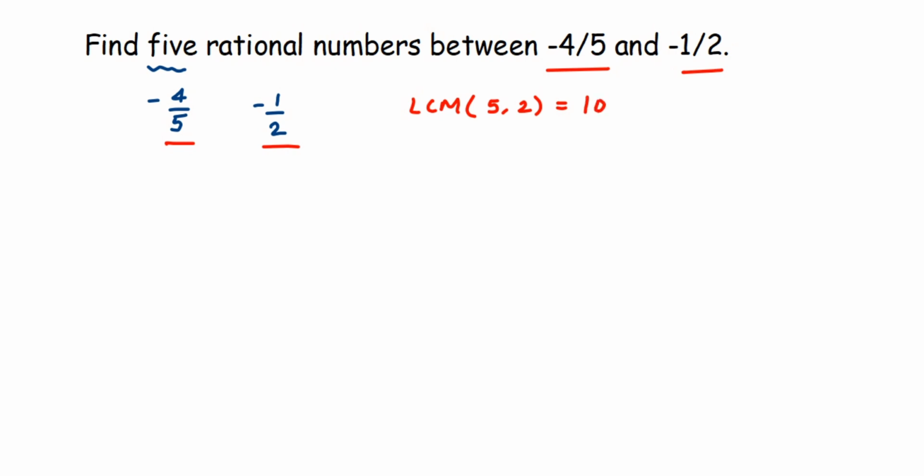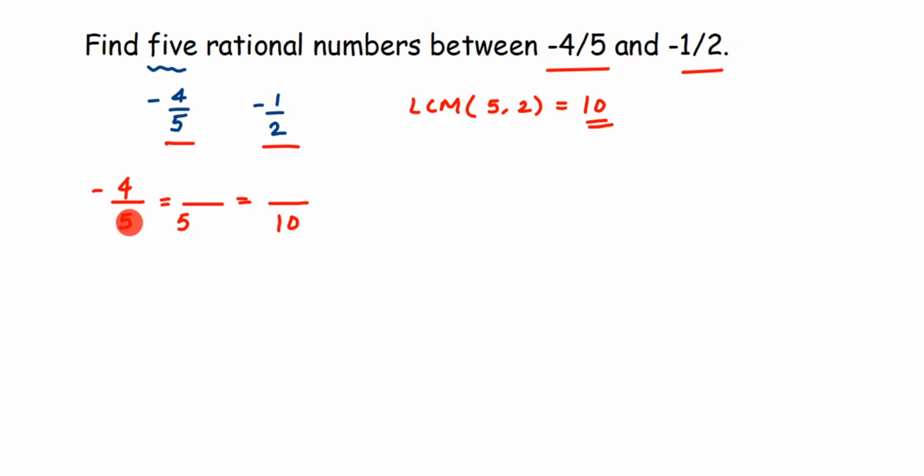Now the second step, I'll find the equivalent rational number of minus 4/5, where the denominator will be equal to 10. I need 10 in the denominator. To find the equivalent rational number, you have to multiply the numerator and denominator by the same number.